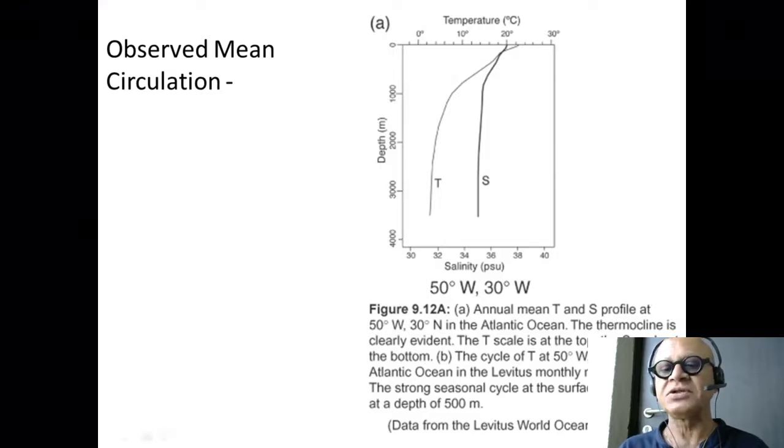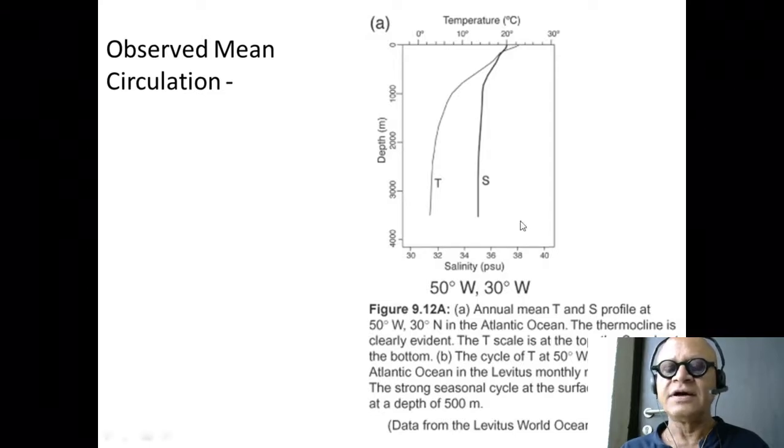This is a typical profile of the annual mean temperature and salinity at 50 west, 30 north in the Atlantic, which is not quite typical because the Atlantic is very different than the Pacific, as we said. You can see that the temperature is warm near the surface.